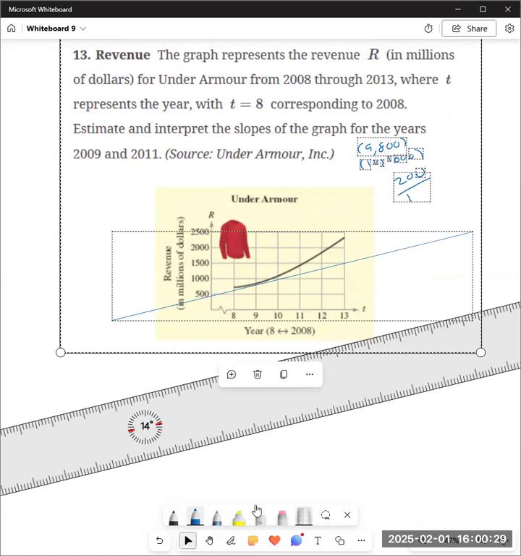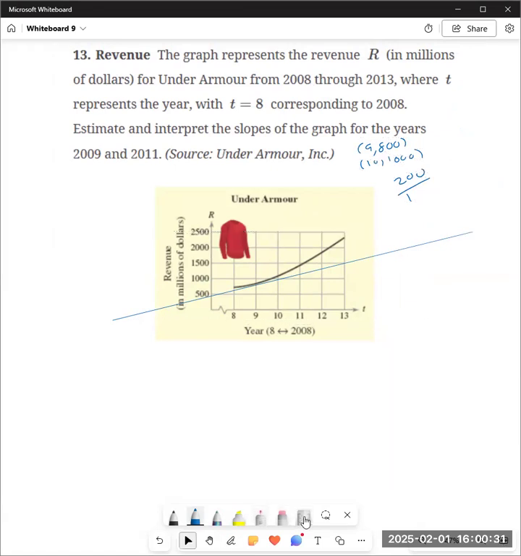So I'm just going to give you the answers that they give in the textbook, that at x equals 9, M is approximately 188.